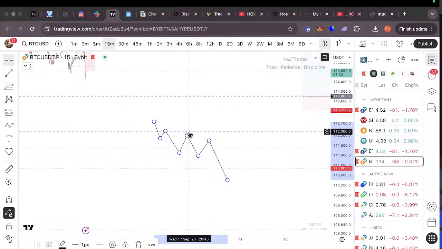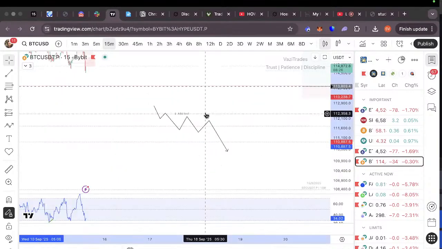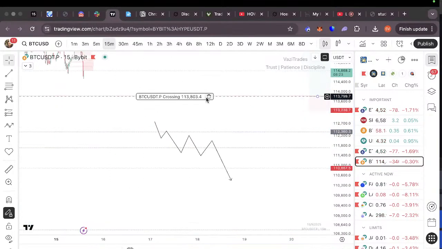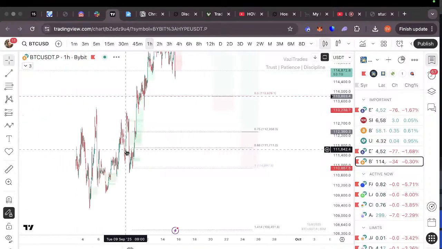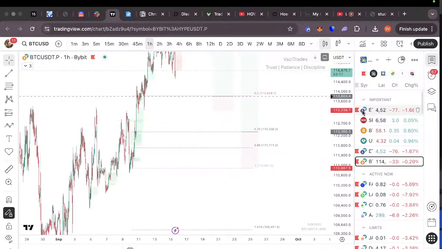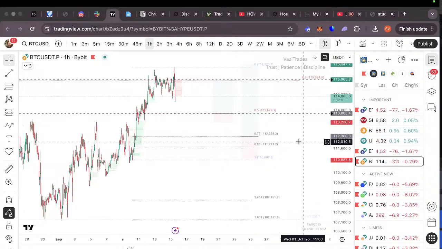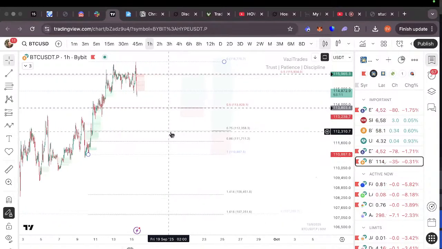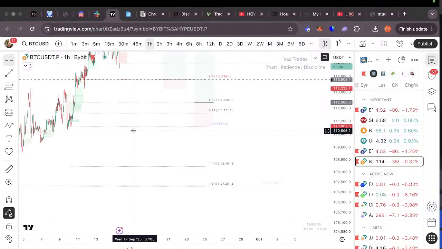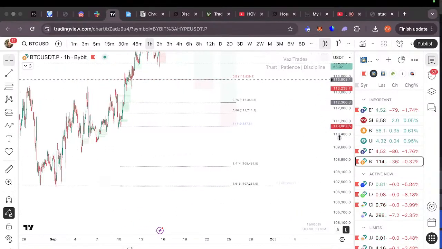And also as a confirmation, it can be like lower lows, lower highs, and bearish divergence, and so on. So in this case, this possibly strong support level will not hold the price so strong, and the price will just continue downtrending.